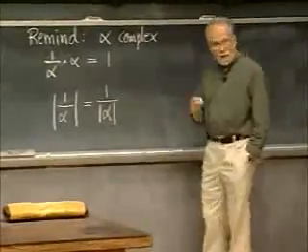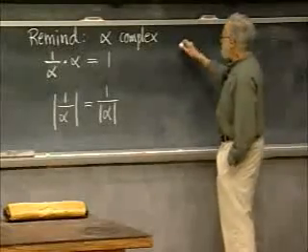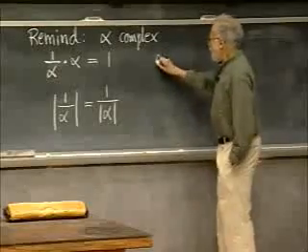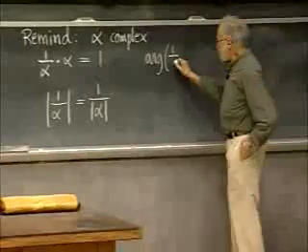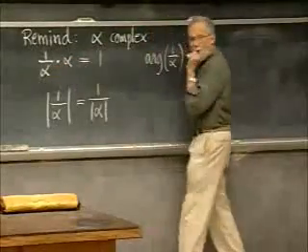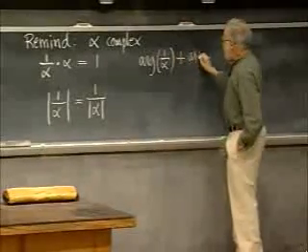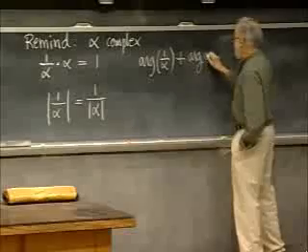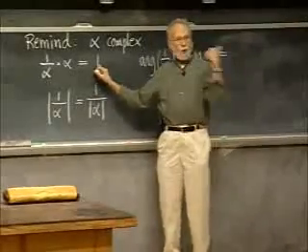I'm a little less certain you knew how to take care of the angles. How about the argument? Well, the argument of 1 over alpha, the angle, in other words. The angle of 1 over alpha plus the angle associated with alpha, because when you multiply, angles add, remember that, has to be the angle associated with 1. But what's that? 1 is out here.